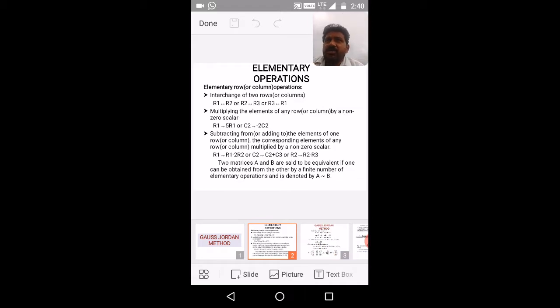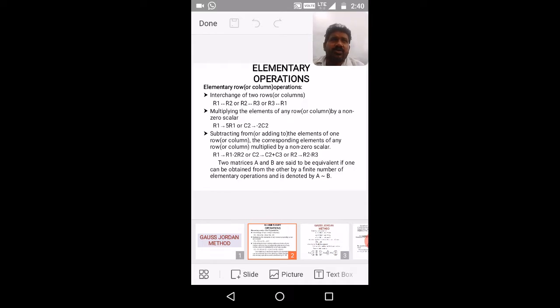This means R1 takes the place of R2 and vice versa, R2 takes the place of R1. They are mutually interchanged, meaning corresponding elements are mutually interchanged, so the total rows are changed.